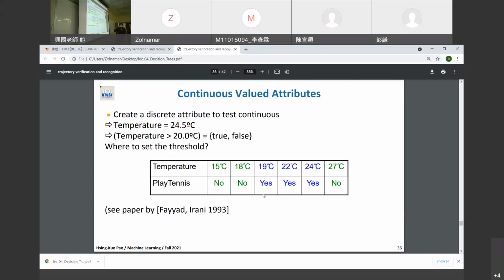Another thing we have to pay attention to is that given this continuous attribute, something is not so fair.